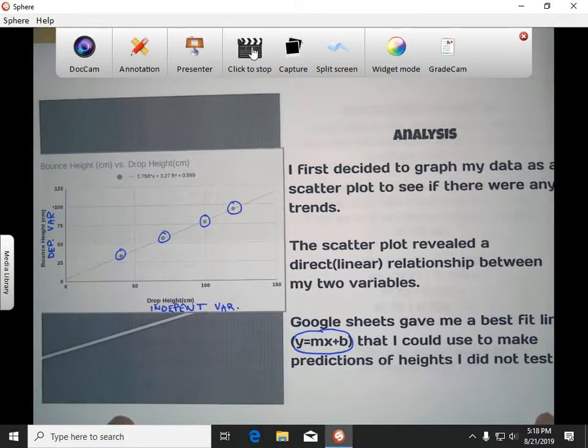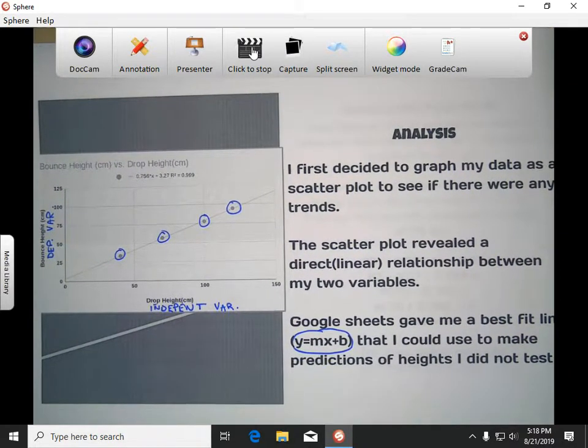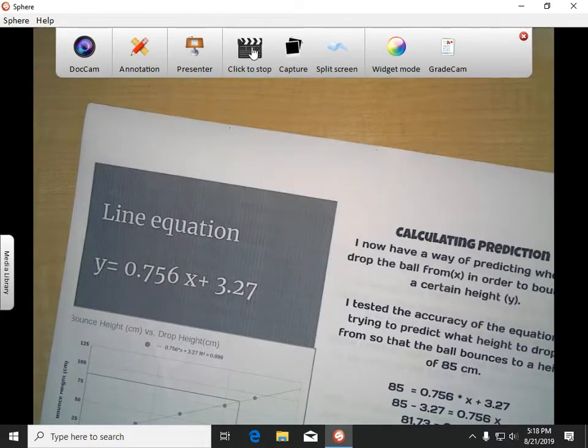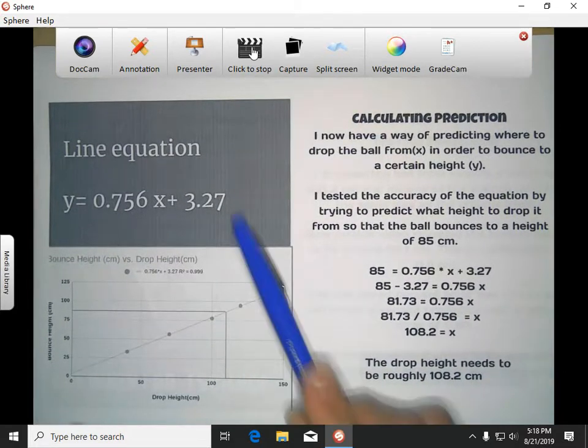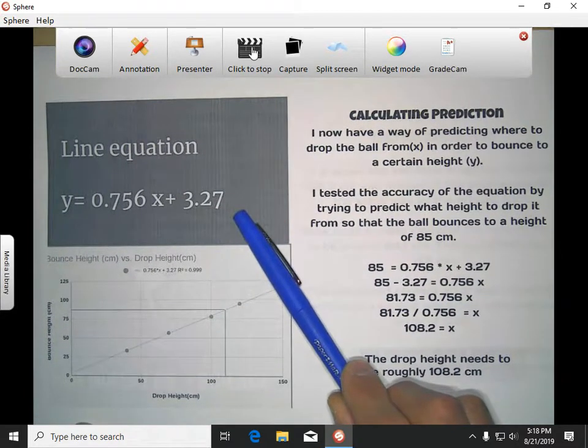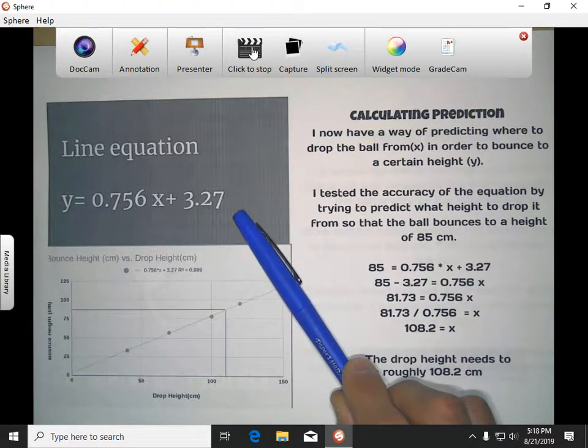So I'm going to get that from the computer program, and the computer program is going to give me a slope, which is m, and it's going to give me a y-intercept, which is the b value. So this is the equation that the computer spit out for the best fit line.